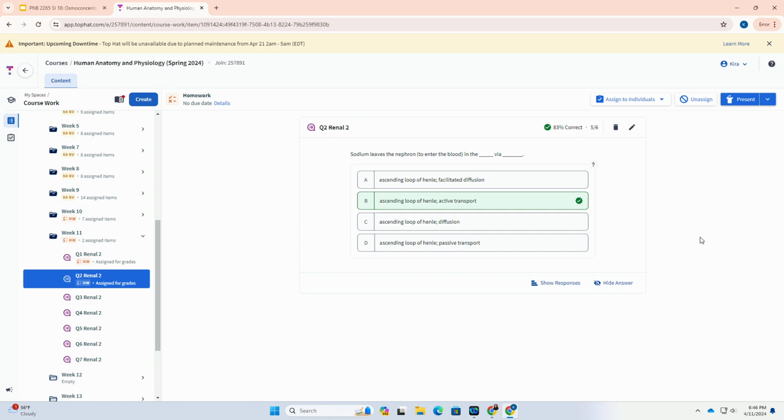You guys got it. So it's active transport in the salt story. So you've got sodium out of the filtrate, and it's in the ascending limb.